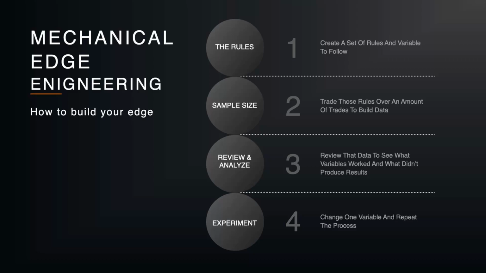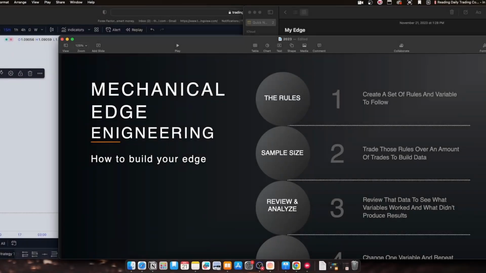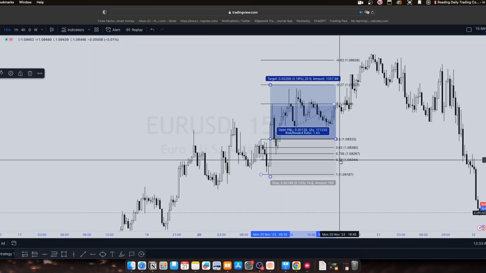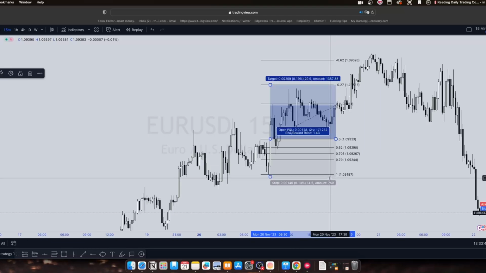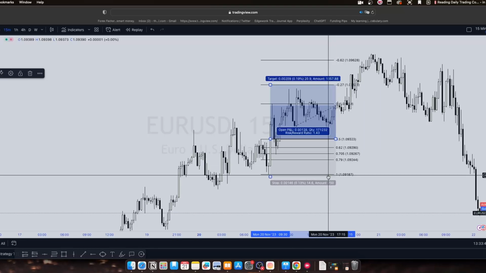For example, for me, every time the market hit this 79 level right here, I noticed it always hit here. When trading that sample size, you'll be able to notice these things. Why? Simple. Because you have sat there and collected the data.